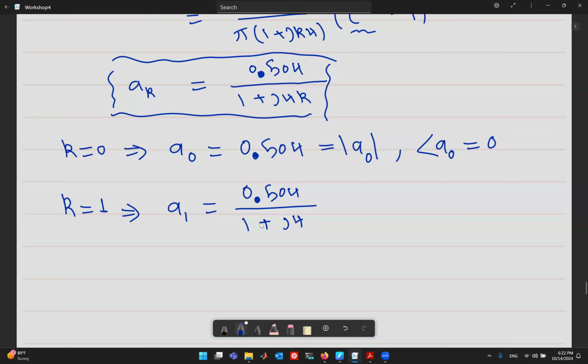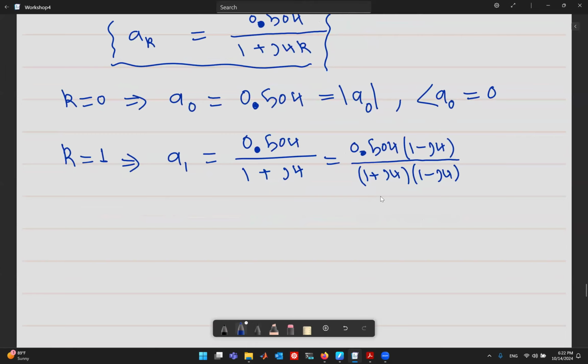If I multiply the numerator and denominator by the conjugate, we get 0.504 times 1 minus j4 divided by 1 plus j4 times 1 minus j4.